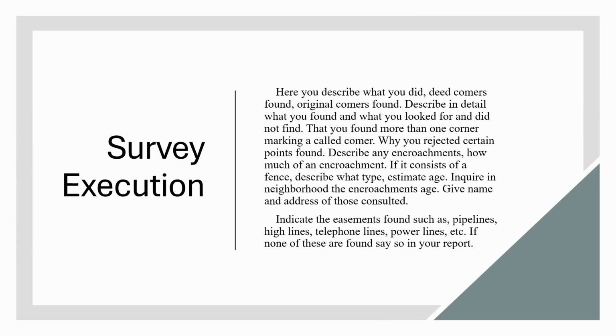Then we talk about the survey execution itself. So what did you find on the ground? How many original corners were there? If one corner was unrecoverable, what methodology did you use to identify or remark that point on the ground?